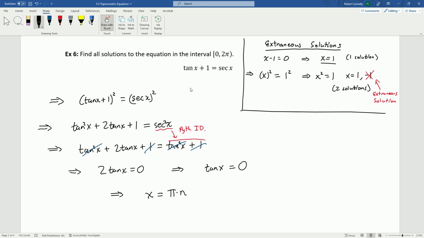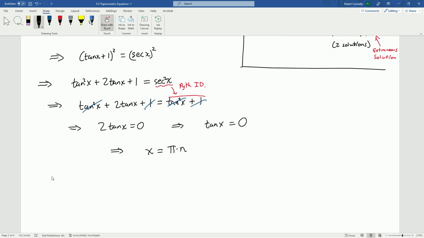Now, it says find all solutions in 0 to 2 pi. So in 0 to 2 pi, the potential solutions are x equals 0 or x equals pi.